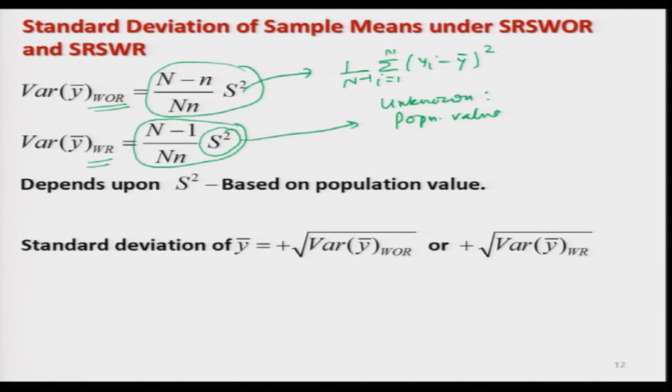If you remember, usually people talk of standard deviation, right? So the first question is, what is the difference between the standard deviation and standard error? Now, if you take the positive square root of these two variances, variance of y bar under WOR or variance of y bar under WR, then this is called the standard deviation.